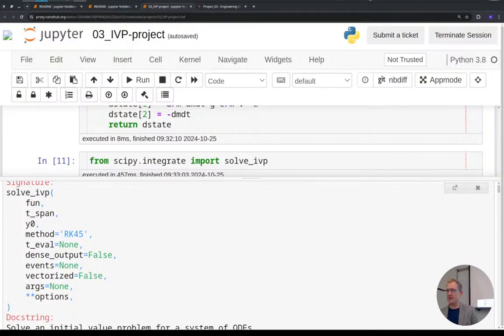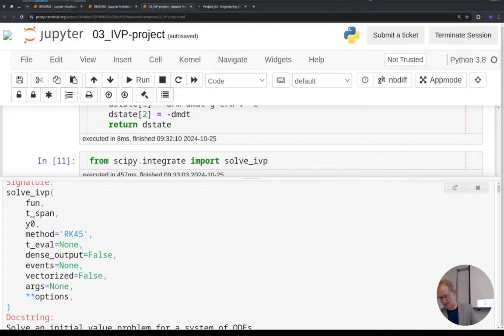And solve IVP is a nice wrapper for lots of different integration methods. Normally if you're solving an IVP, an initial value problem, we have initial values and we want to predict future values.